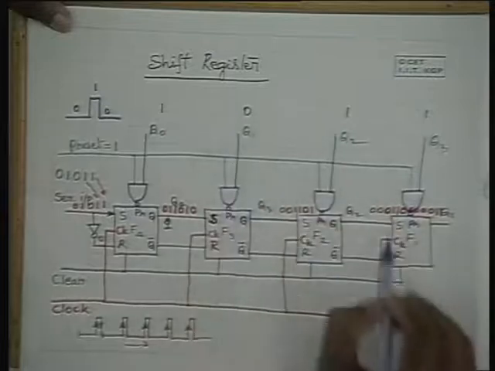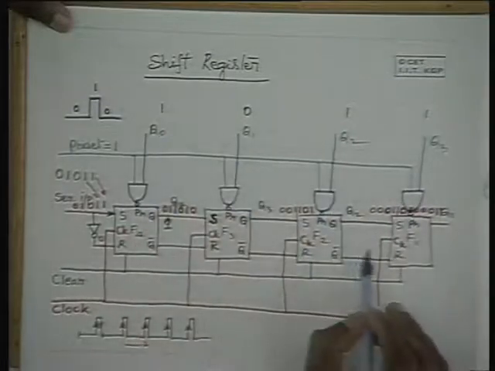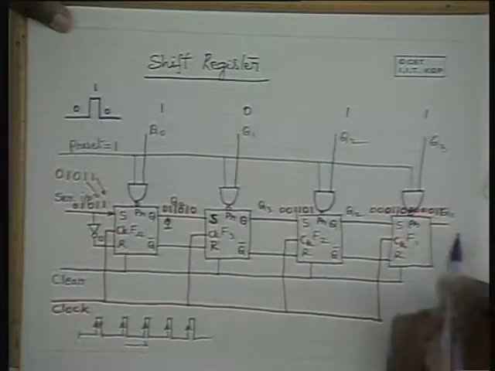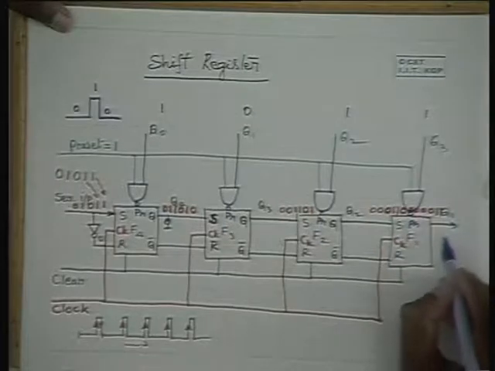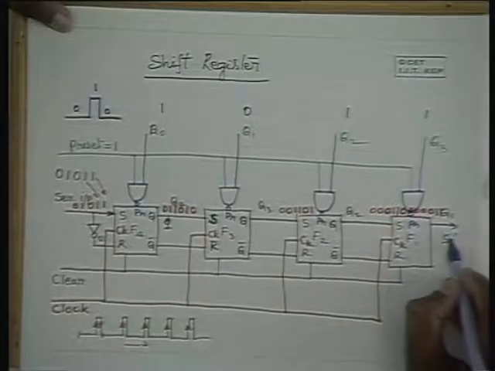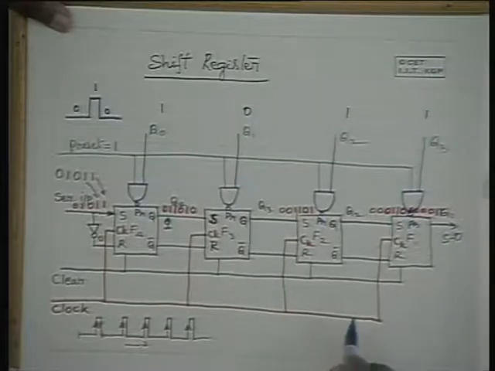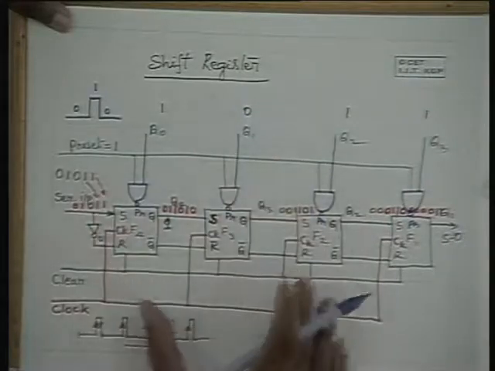Therefore, whatever data is loaded gets shifted out serially. Serial out. Therefore, it can be used for parallel in and serial out purposes also. There are many other variations possible using shift registers.